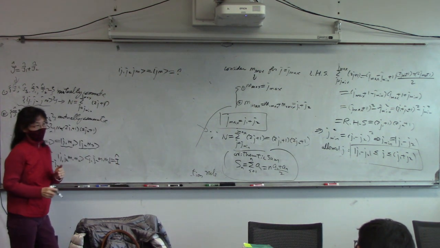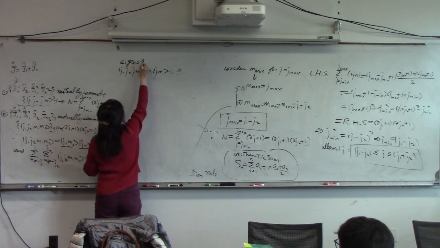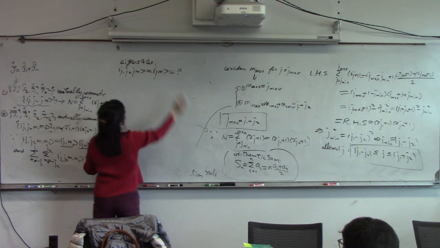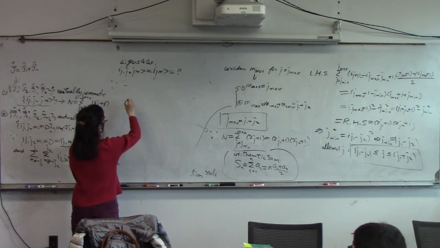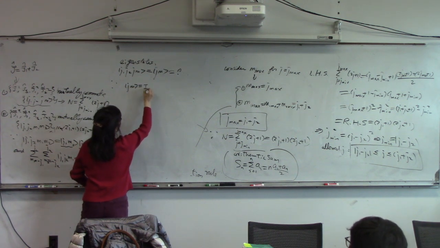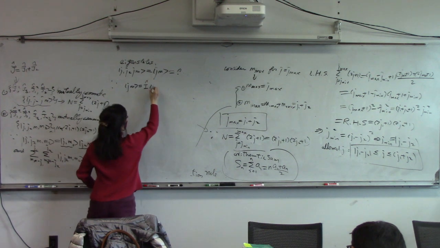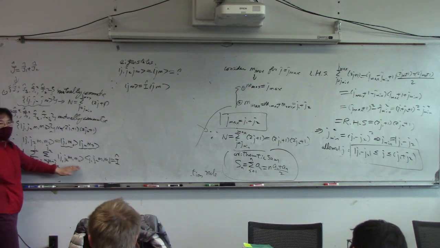That is our question. How to obtain this? Now I'm going to insert the identity I before |j, m⟩, because they are equal, right? Then I is here.